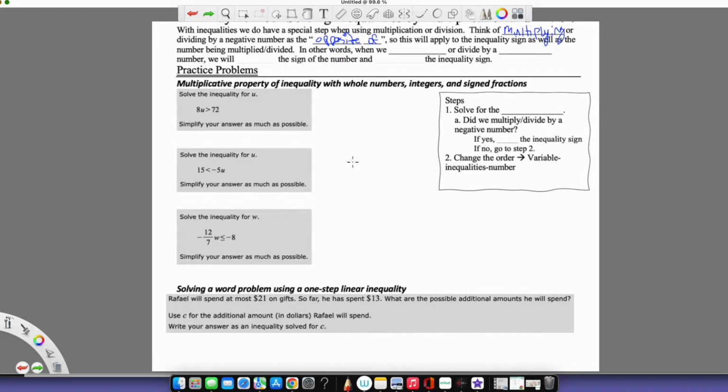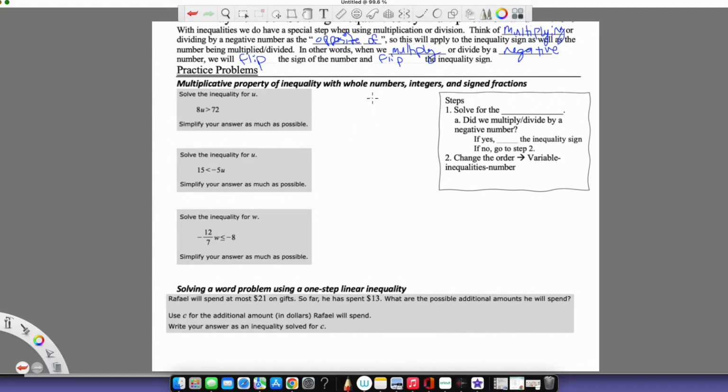And that's going to apply to the inequality sign as well. In other words, when we multiply or divide by a negative number, we will flip the sign of that number and flip the inequality sign. So both of them flip, okay?